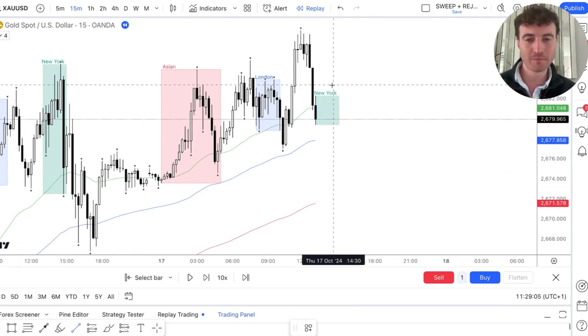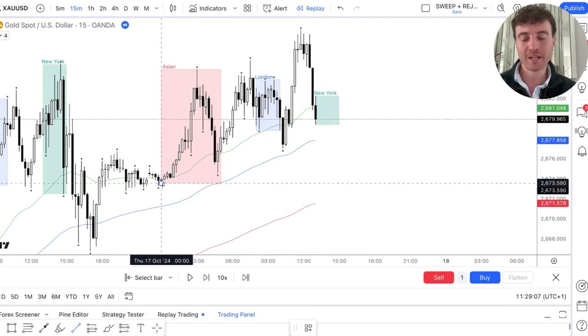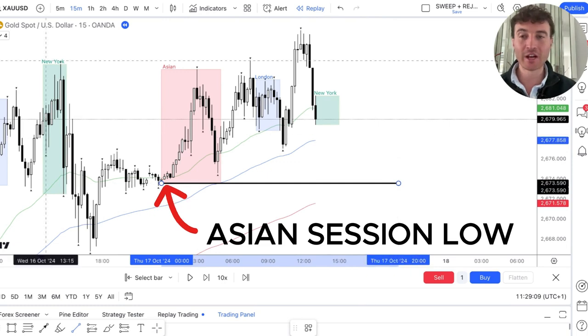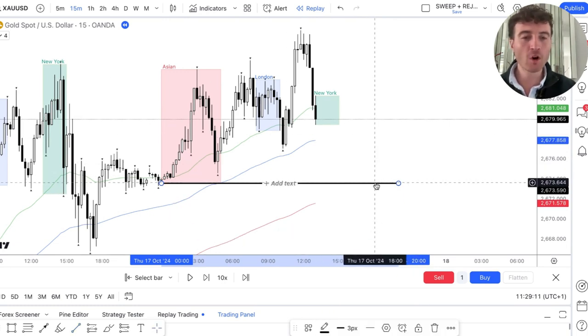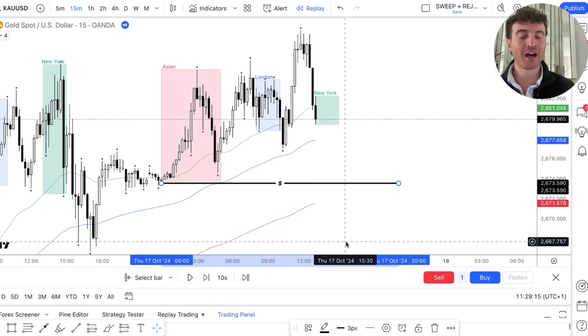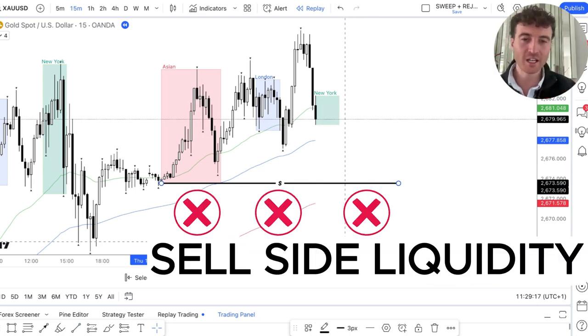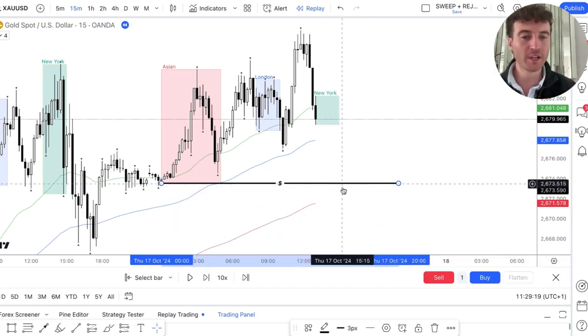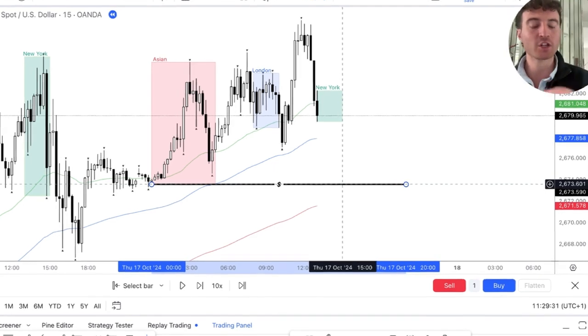Very, very simply. What we have down here is the Asian session low. We can mark this with a dollar sign indicating that there's sell side liquidity resting below right there, so below 2673. The reason we know there's liquidity resting below there is because this is the Asian session low.